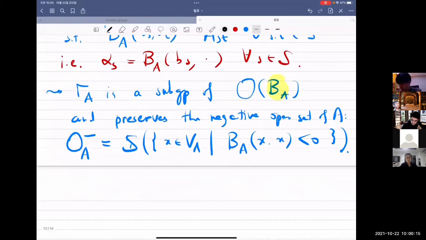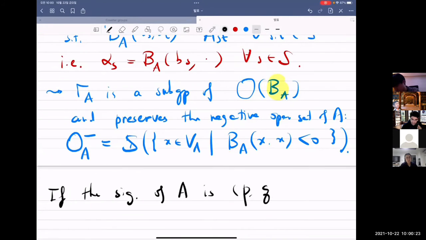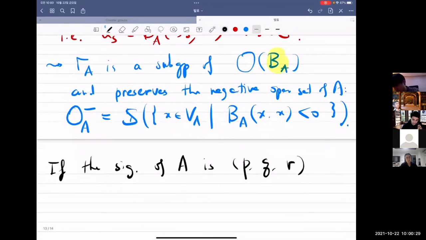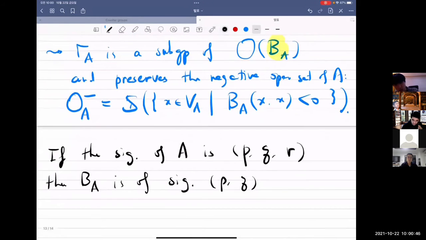So I will write it. If the signature of A is (p,q,r), so the positive, negative, and 0 numbers of eigenvalues, then this VA is of signature (p,q). Okay, and O(BA) will be naturally isomorphic to O(p,q).